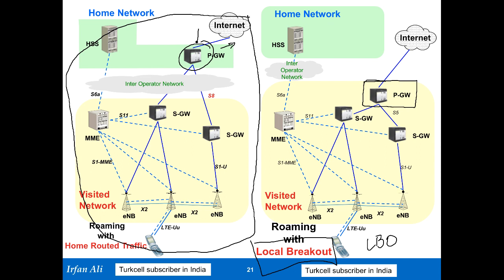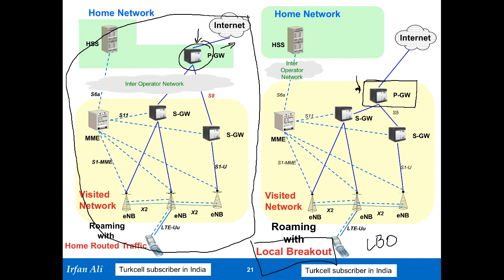They want to make sure that they are the ones who are owning your traffic, billing your traffic, making sure that they know exactly how many megabytes you have used when you are in the visited network, so that when you call up your operator and say, "Hey, I've got this huge bill, I didn't use the internet the way the bill says," the operator will say, no, you did, or you didn't, and it's able to get the record rather than depend on the visited operator to provide the record.